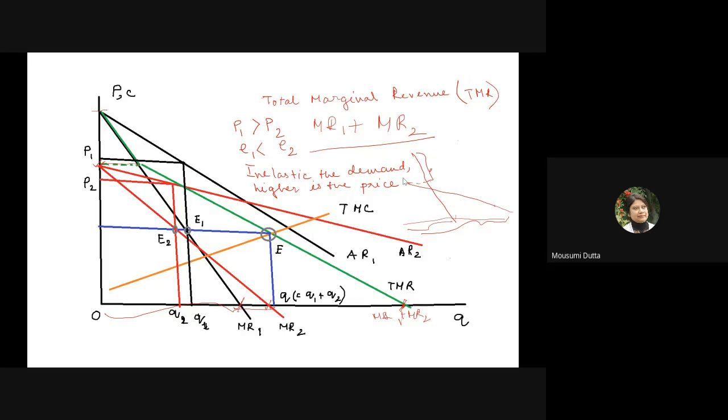Since the monopolist has the sole power to settle the price in each of the markets, the more inelastic the demand, that is, the lesser the scope to shift, the higher will be the price. The greater the scope to shift, that is, the more elastic the demand, the lesser will be the price. So this is all about third degree price discrimination. Monopolists can charge different prices in different markets, having different elasticities of demand.